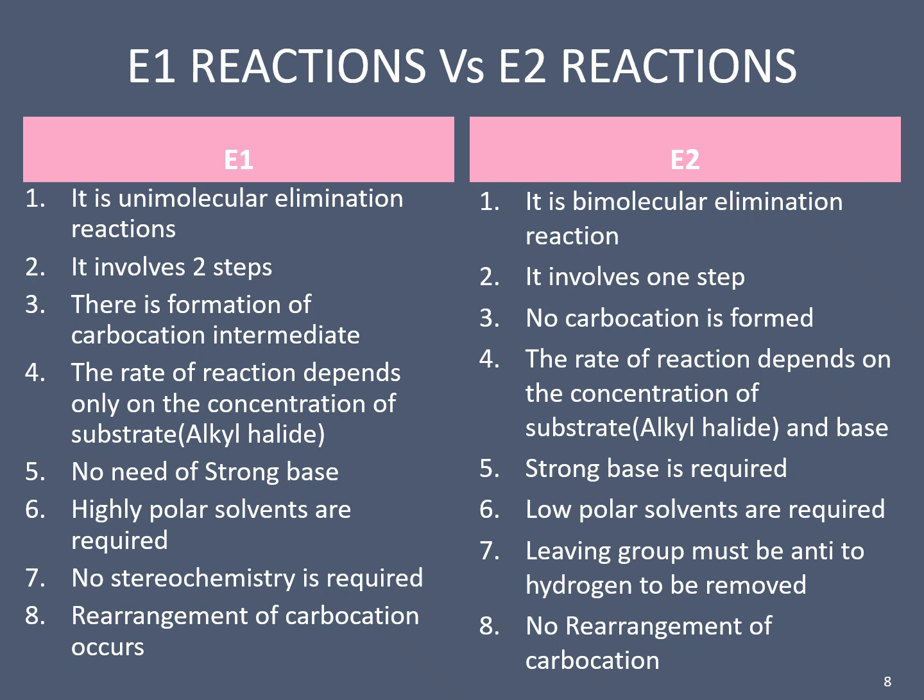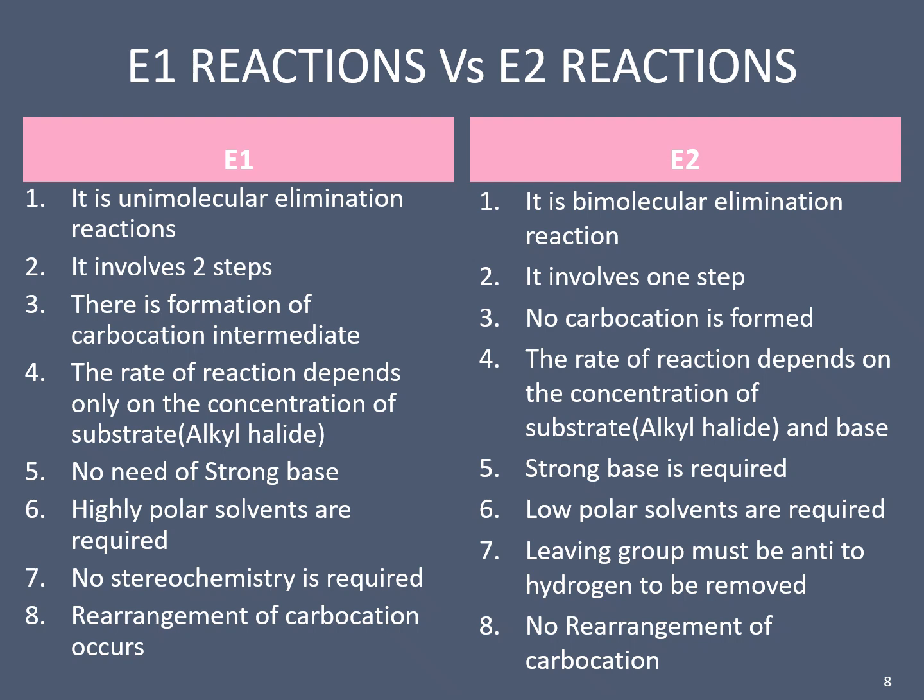And in E1 elimination, no stereochemistry is required. But in E2 elimination reactions, the leaving group must be anti to the hydrogen to be removed. If it is in the anti position, that means in the opposite position, then the transition energy will be less.